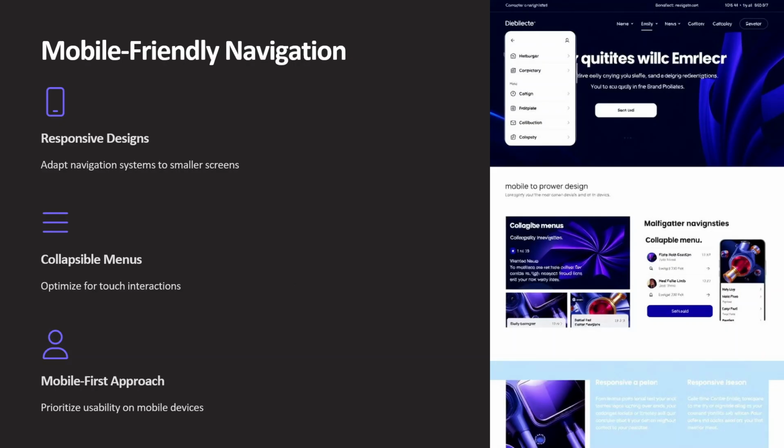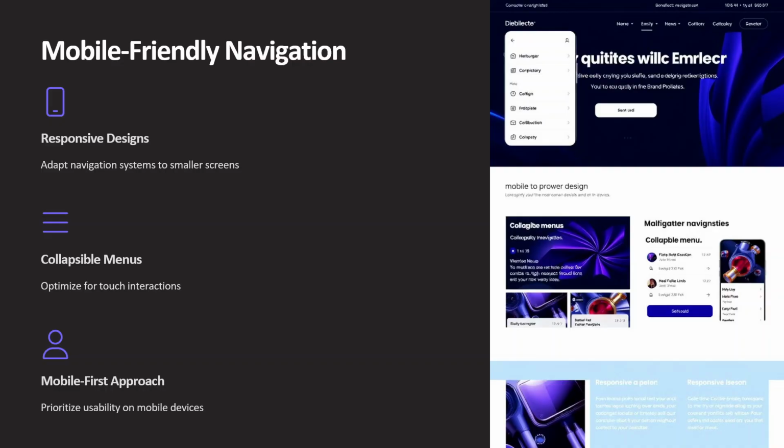And then comes the mobile-friendly navigation system. The mobile-friendly navigation system majorly relies on responsive design, collapsible menus, and a mobile-first approach. A mobile-friendly navigation system should be responsive, so it adapts the navigation to smaller screens.